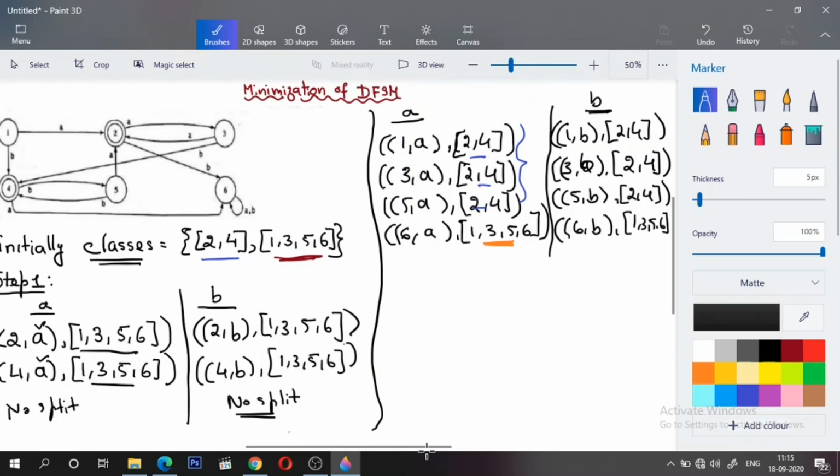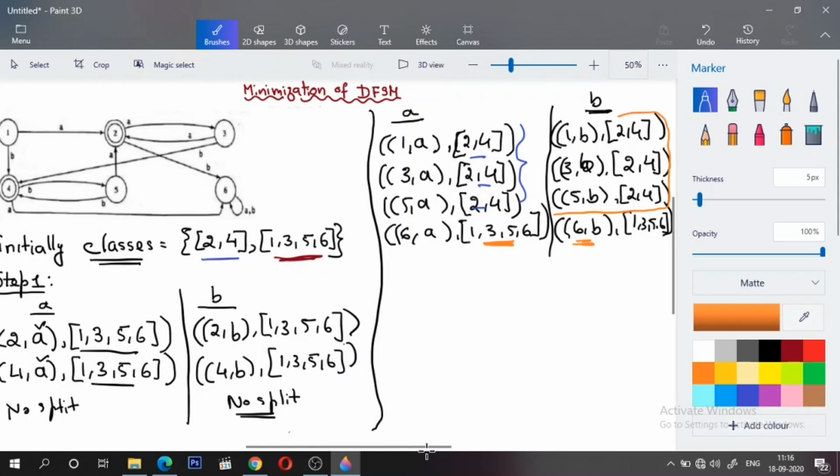Okay. So even with respect to B, yeah, 6 is different, but that doesn't matter because 6 will be split anyway, because upon A, 6 had made a different transition from that of 1, 3 and 5, right? So 6 will be split for sure. And for B, as you can see, among 1, 3 and 5, they made a transition to the same set, that is 2, 4, right?